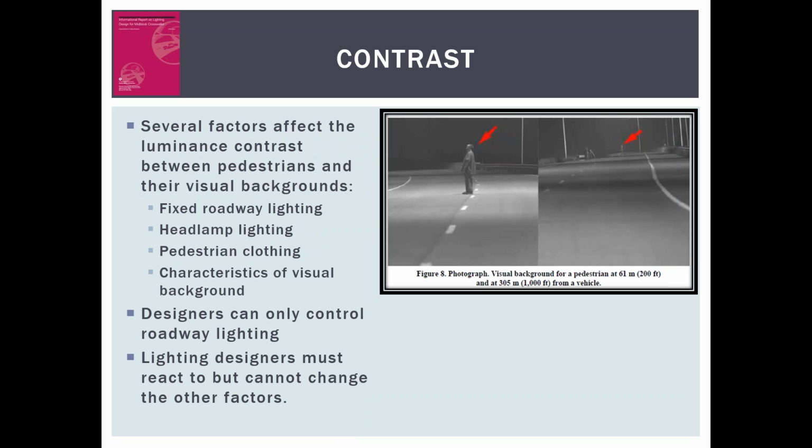Of these, only roadway lighting can be controlled by lighting designers. Headlamps are determined by the vehicle manufacturers, clothing is chosen by the pedestrians, and the objects and spaces that make up the visual background for drivers approaching a crosswalk are generally static and are typically provided by the adjacent property owners. The lighting designer must react to but cannot change these other basic characteristics.